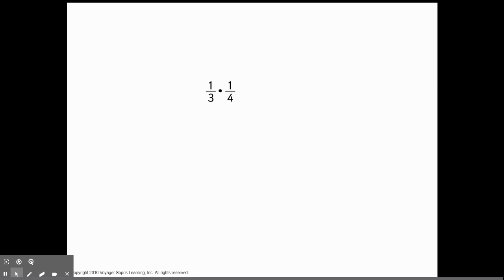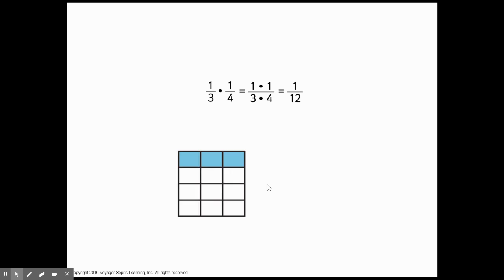Let's look at another example. For the problem 1/3 times 1/4, we multiply the numerator by the numerator, or 1 times 1, and the denominator by the denominator, which would be 3 times 4. The answer is 1/12. We can confirm this by looking at an area model.